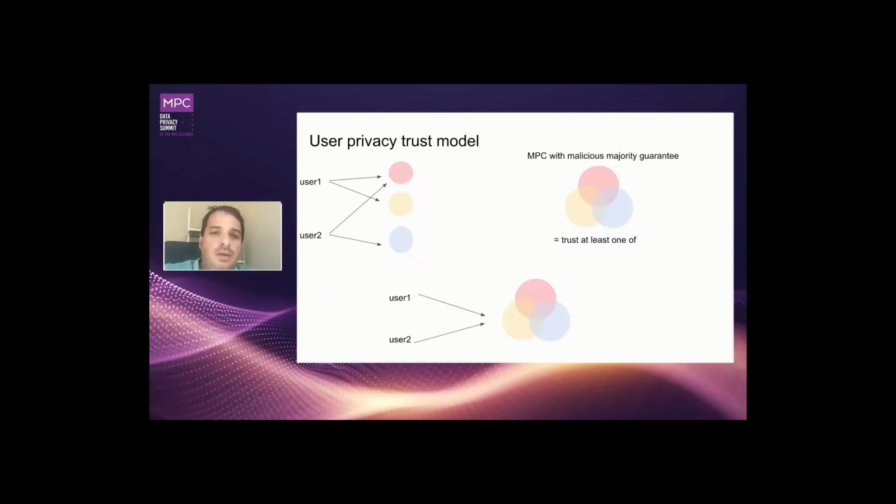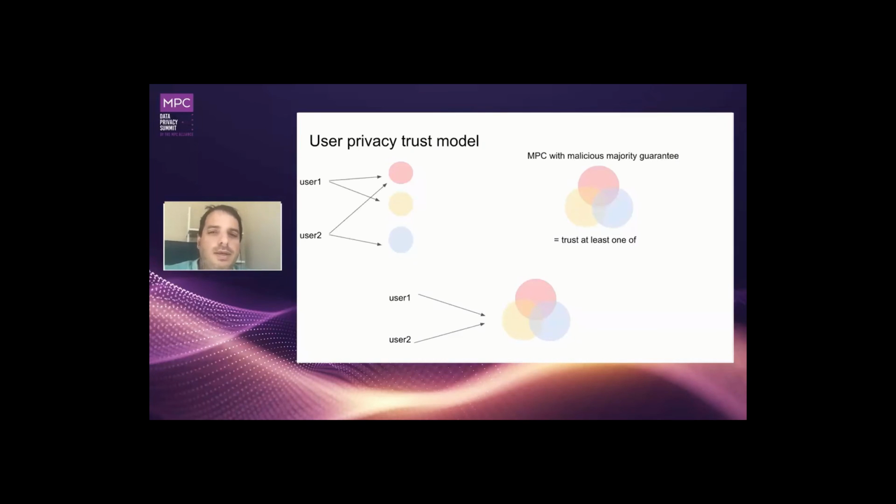protocol works. So, some final notes on the user privacy trust model. Imagine there are users that already trust these channels, so they trust these different websites with their privacy. But not every user goes to every site, and not every user trusts every site.